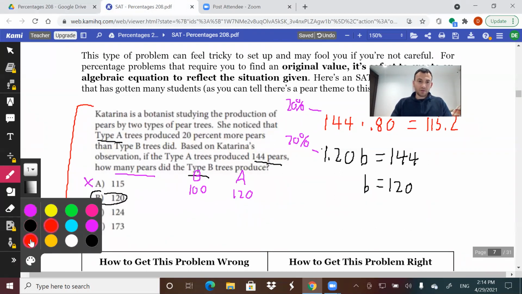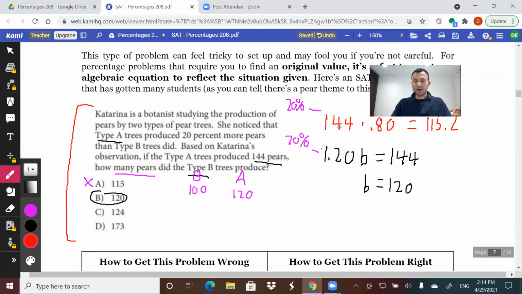Well, think about it this way. If we set this up the original way, we would say, let's just take 20% away from type A because that's what we know, and we'll get type B. Well, what you're doing is you're not adding 20% onto the original. You're taking 20% away from this higher number, this 120, instead of adding 20% onto 100.